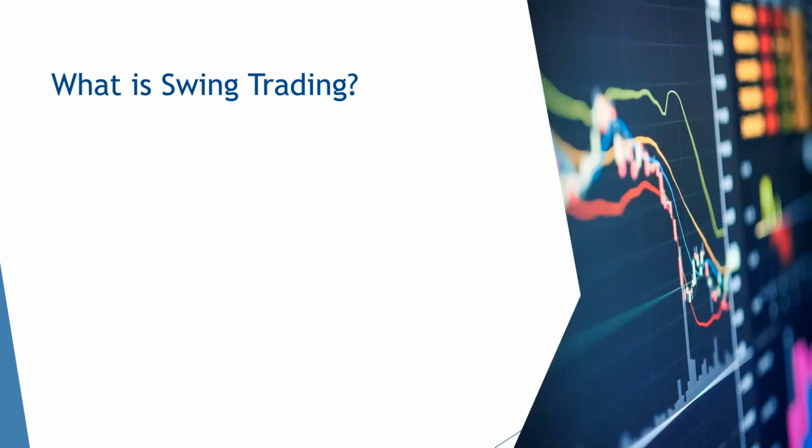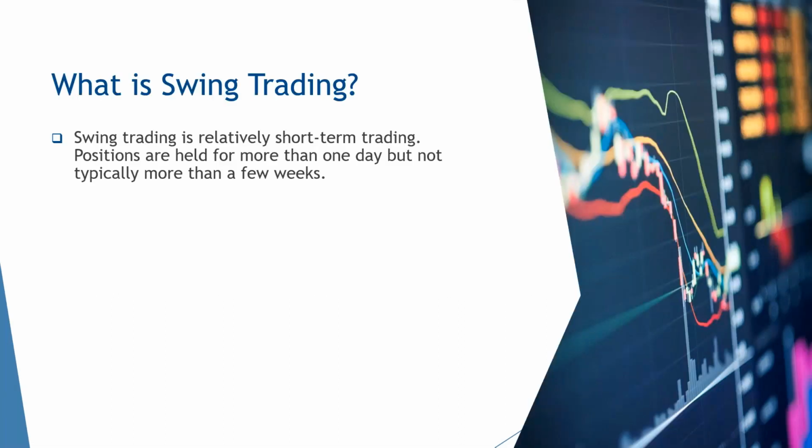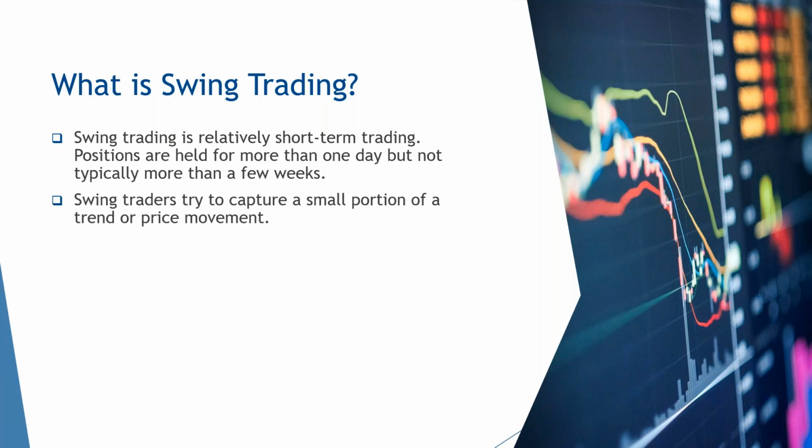So what is swing trading? Swing trading ideally is a short-term trading system, somewhere between a couple of days to a couple of weeks. The goal or purpose is to capture a small portion of a larger trend or price movement.